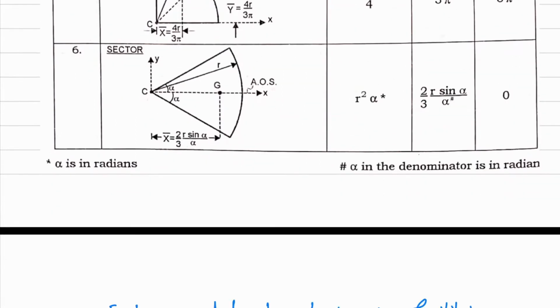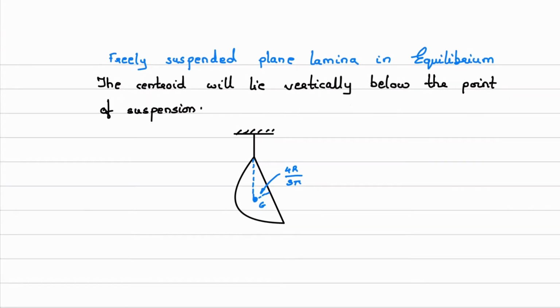Now based on this, we will solve a few more numericals. Before that, there is one small concept which I would like to tell you: freely suspended plane lamina in equilibrium. Here you can see this is the ceiling and this is a semicircle which has been suspended vertically, freely suspended.